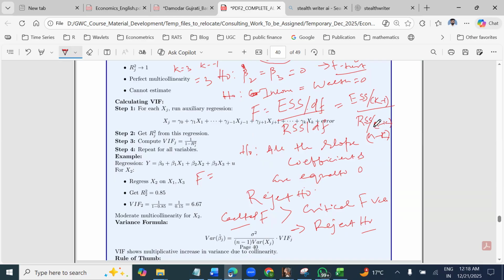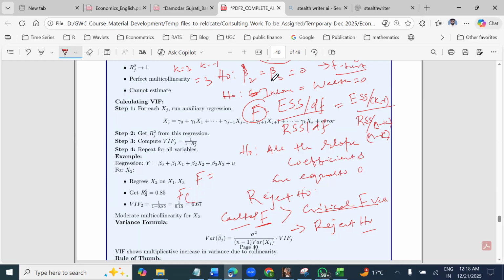Clear? Now you will reject the null hypothesis that all the slope coefficients are equal to 0 if the calculated F is greater than the critical F value. As I told you earlier, F has 2 degrees of freedom: in the F distribution you have a numerator and a denominator.